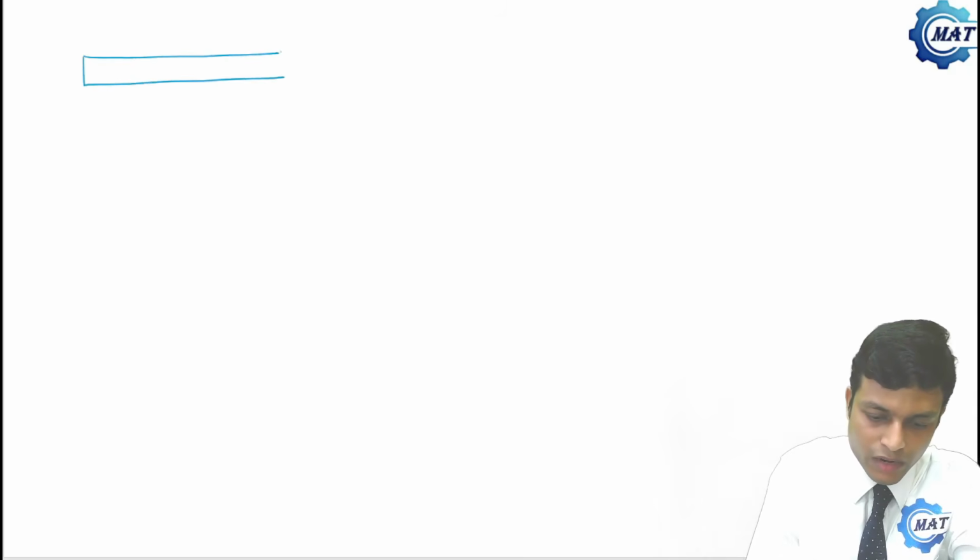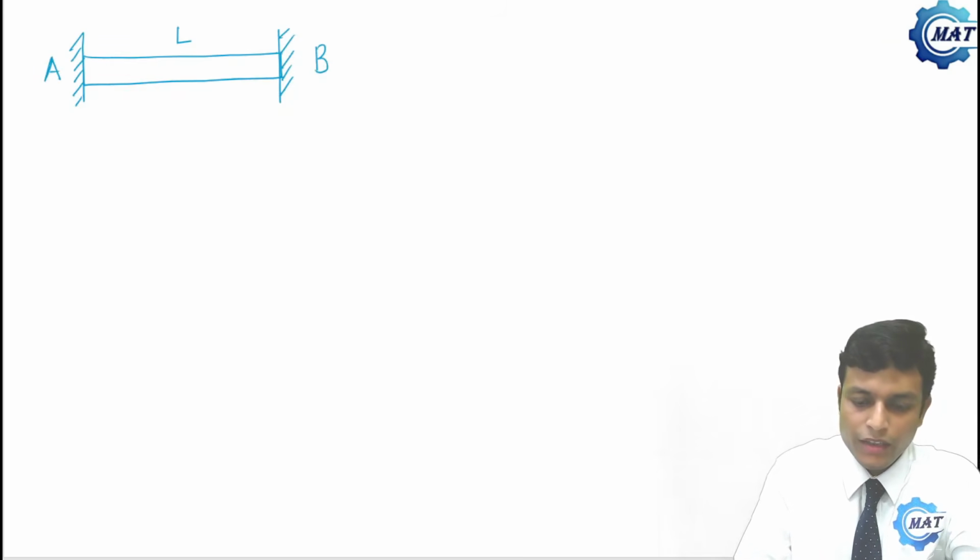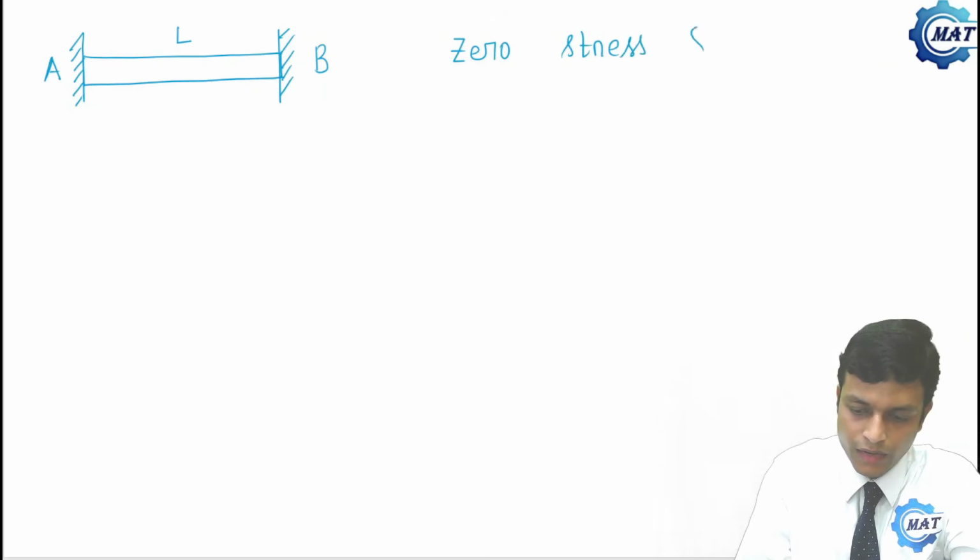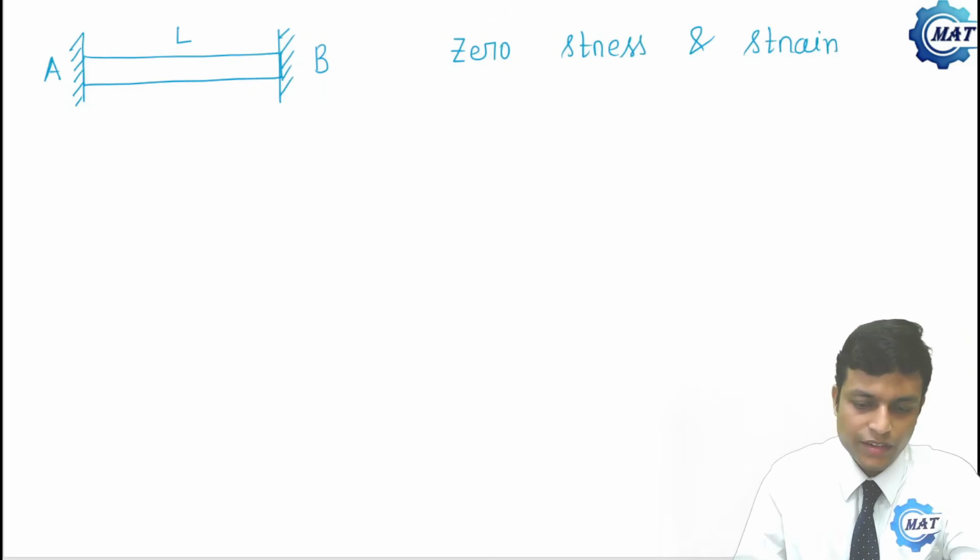Now let us consider one situation. The same bar of length L is kept between two fixed supports A and B. At the initial condition, the bar has 0 stress and strain.